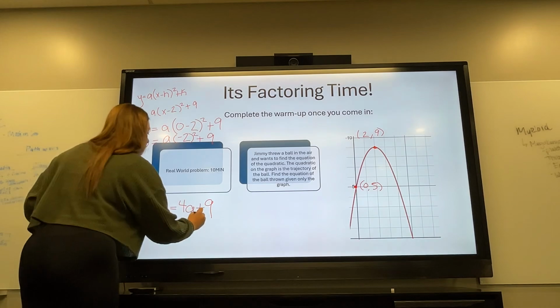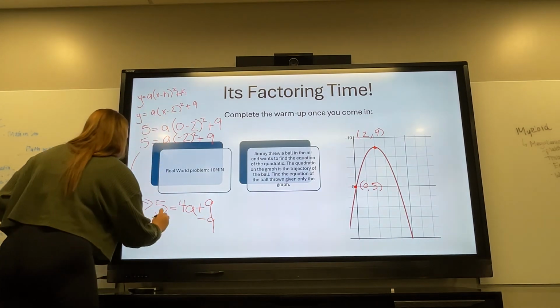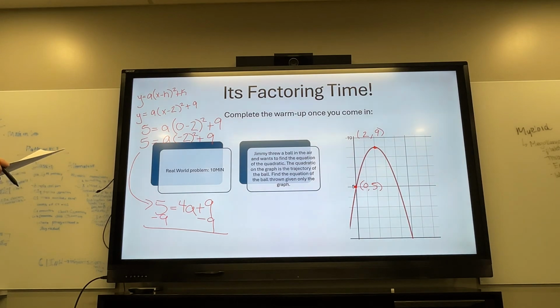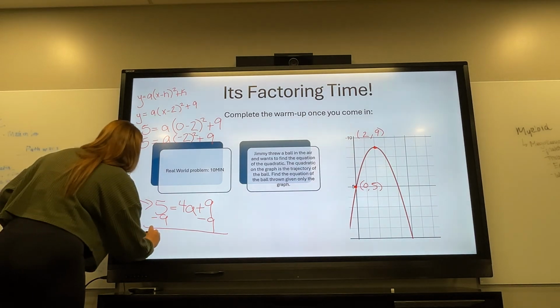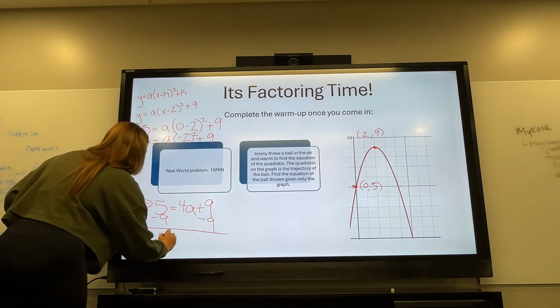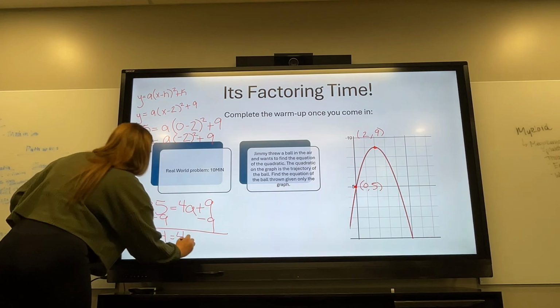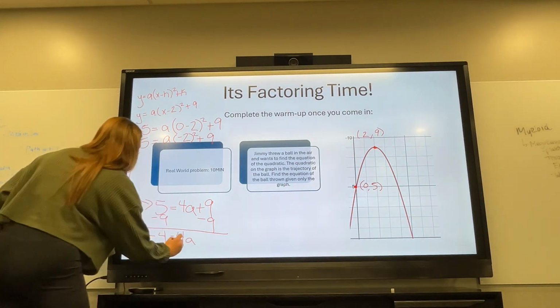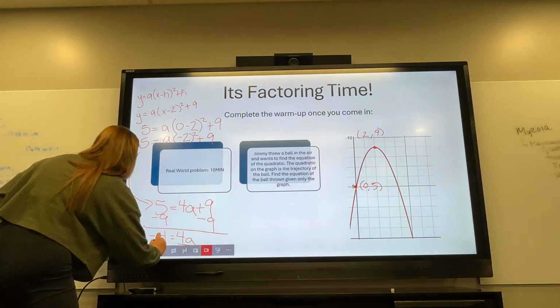Now we're just going to solve for a, so subtract 9 from both sides. And this is going to be negative 4 equals 4a. And then divide by 4.